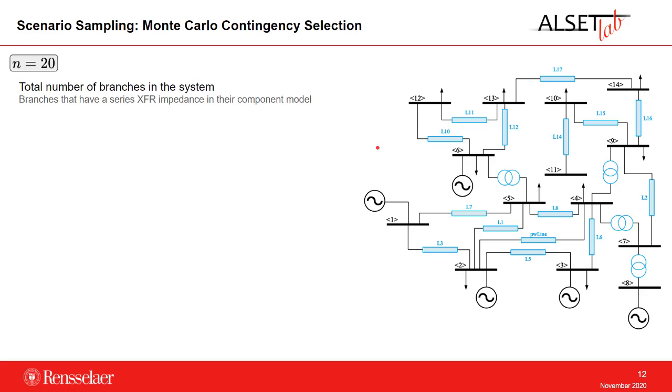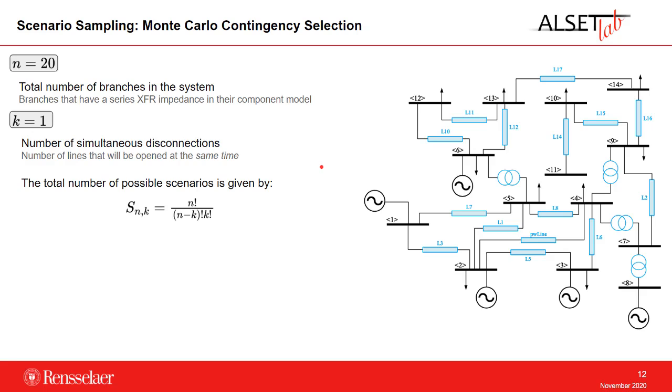In this system, we know that n equals 20, the total number of branches. And we would like to know how many contingencies we can have if we open one line at a time, so k equals 1. The total number of contingencies will be the combinations of n and k, written here as N sub n,k.